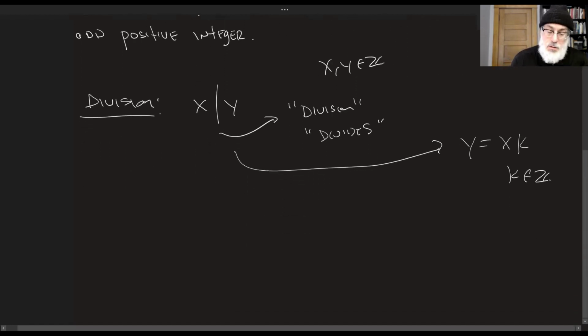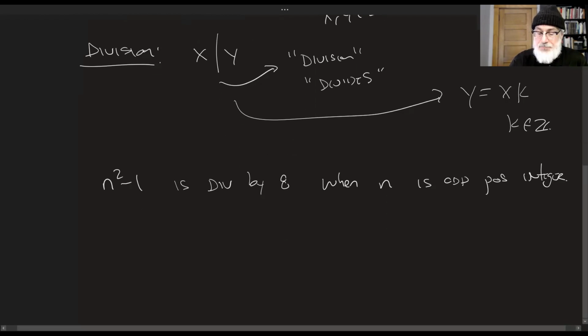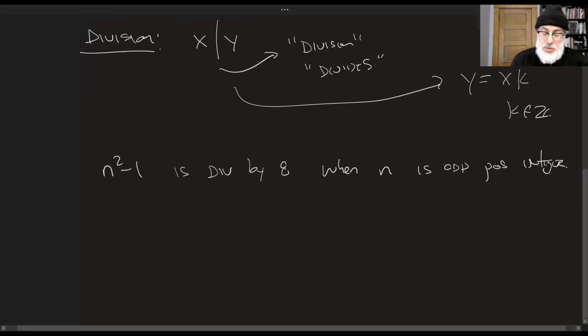Now, let's look really quick at the question. We're trying to prove that n squared minus 1 is divisible by 8. Nothing wrong there. When n is an odd positive integer. So this is a bit problematic because when we do induction, essentially induction is like dominoes.